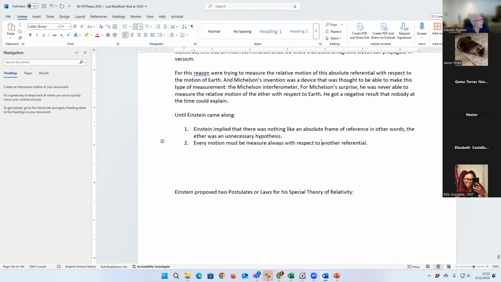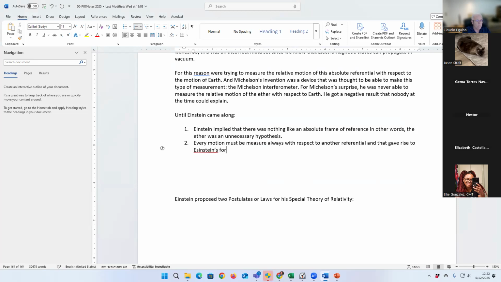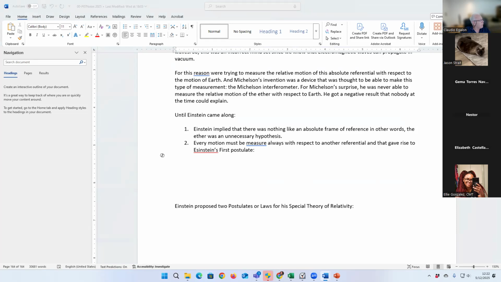And that's one of Einstein's two postulates, okay? And that gave rise to Einstein's first postulate, the relativity postulate.